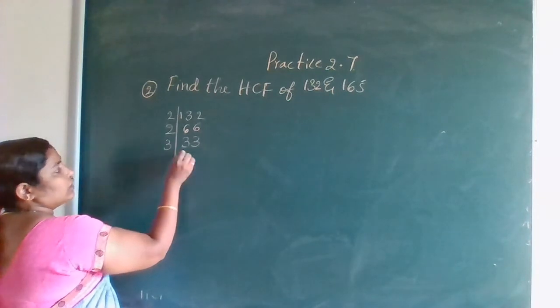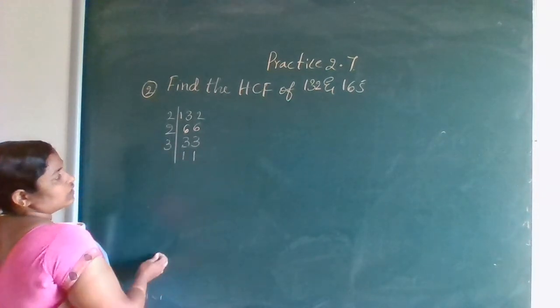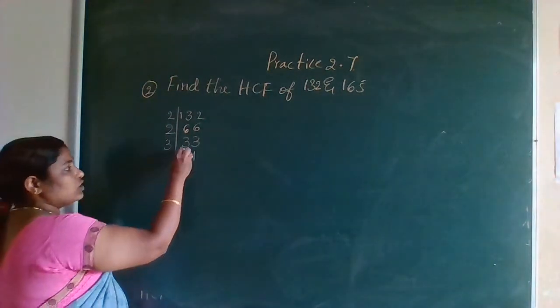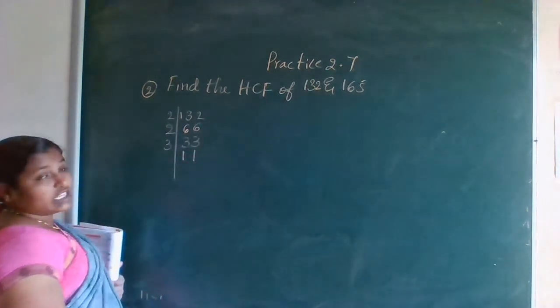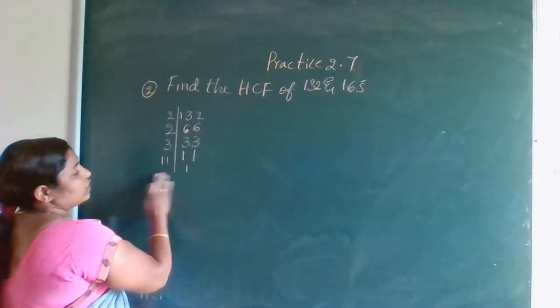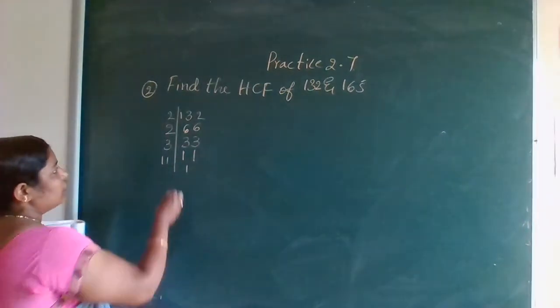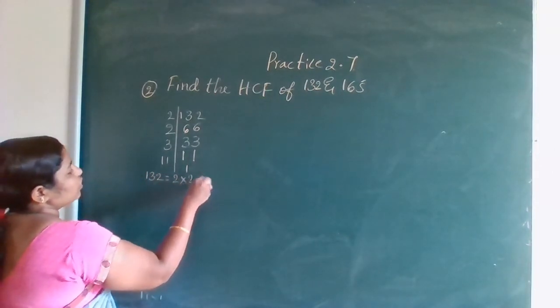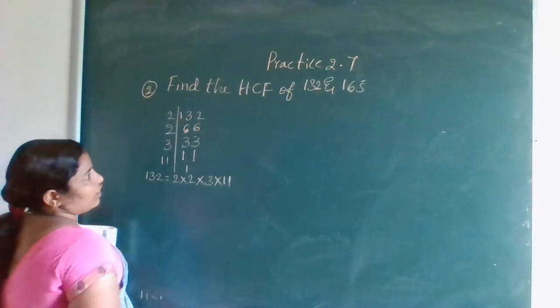Take 3. 3 1s are 3. Still the division is not completed because 11 has come. 11 is a prime number. So 11 1s are 11. Now the division is completed. Now 132 is equal to 2 into 2 into 3 into 11.